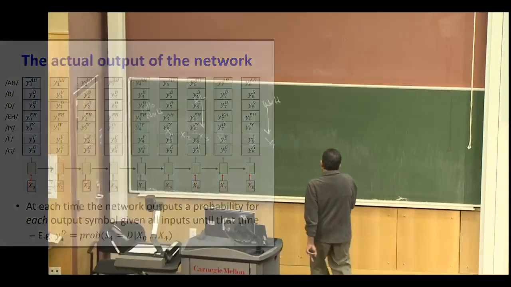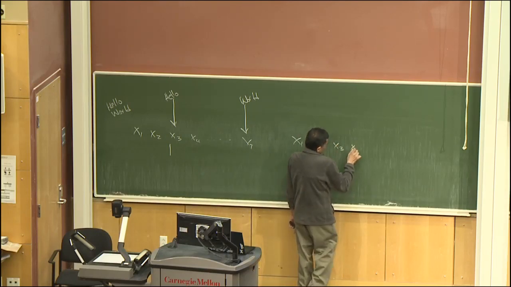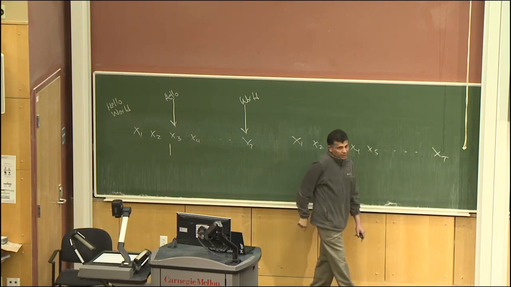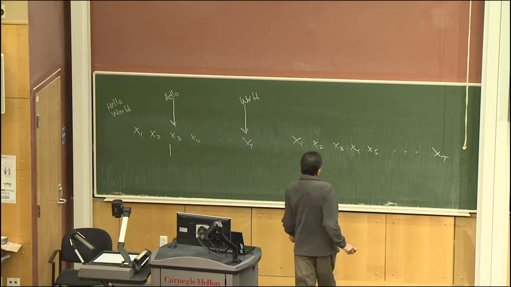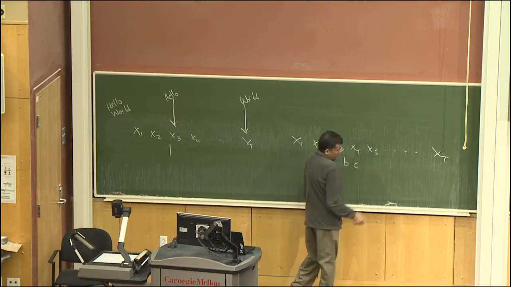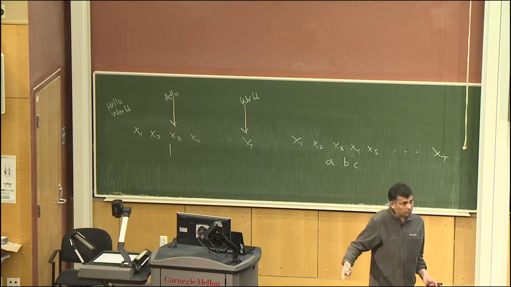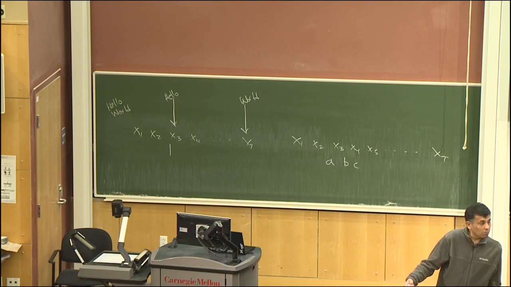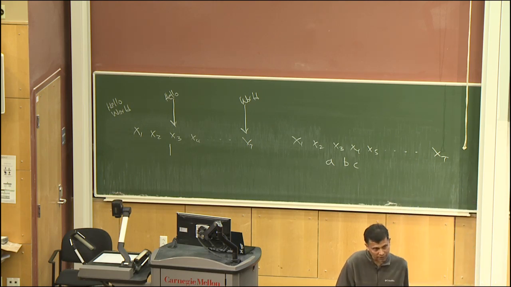So I have a sequence of inputs, x1, x2, x3, x4, x5, to whatever length t, and I must produce the output sequence, let's say A, B, C. I do not know exactly how many symbols I must produce. Because when you consider the example of speech, somebody speaks, you don't know beforehand how many words were spoken. Determining how many words were spoken is part of the problem.